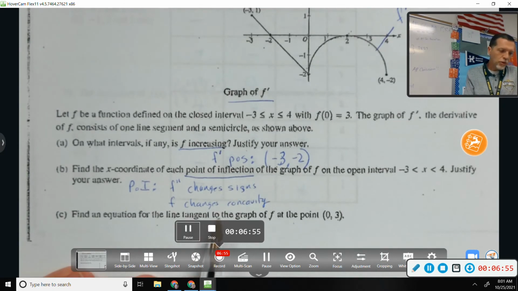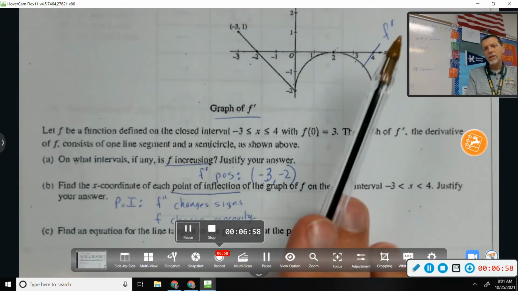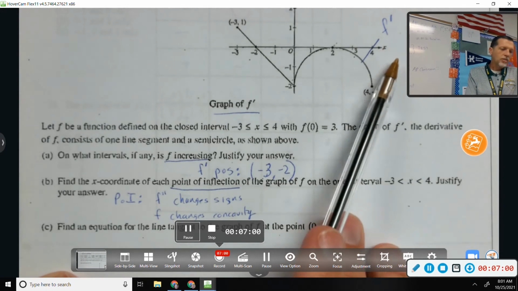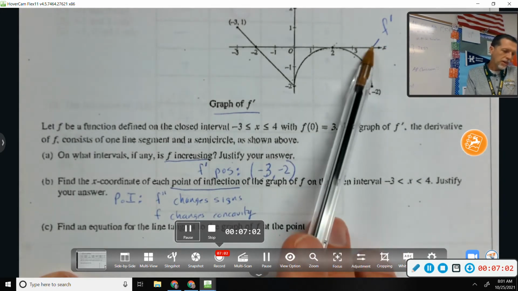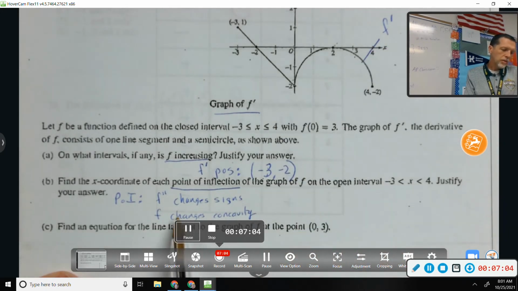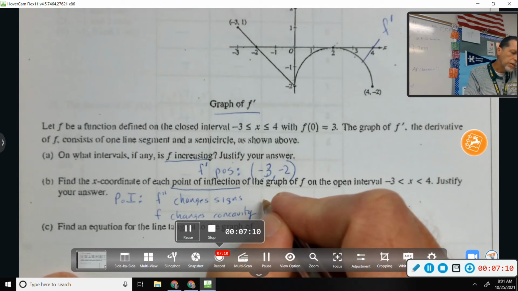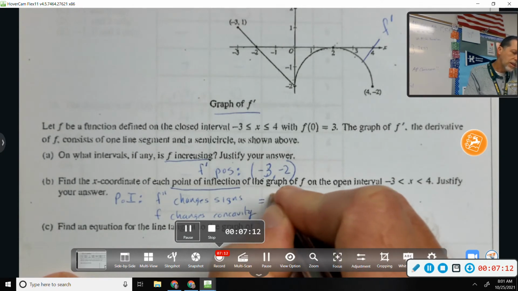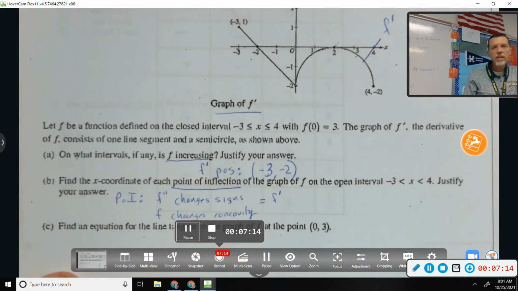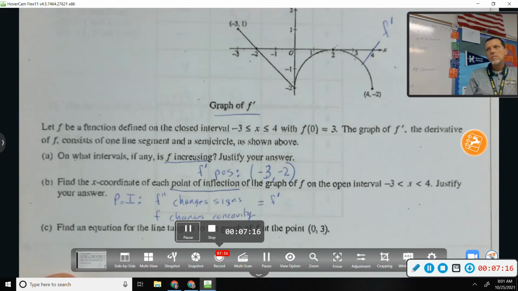That's true. That's not really helpful for this graph because this graph is f prime. So what could I say about f prime that would tell me the point of inflection? What would I be looking for? What could I say about f prime? Good.